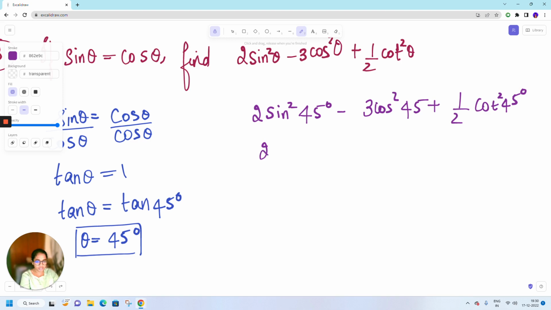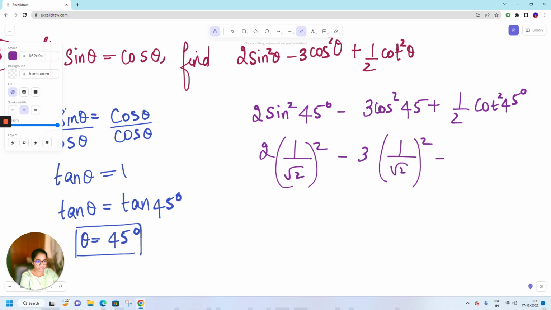What is sine 45? That is 1 divided by root 2 the whole square, minus 3 into 1 divided by root 2 the whole square, plus, we know that tan 45 is 1. Reciprocal of tan is cot, so cot 45 would also be 1.